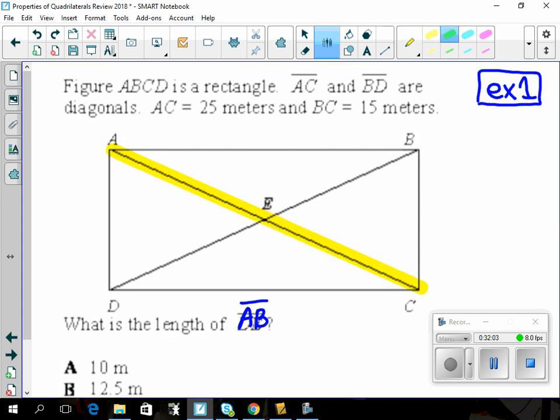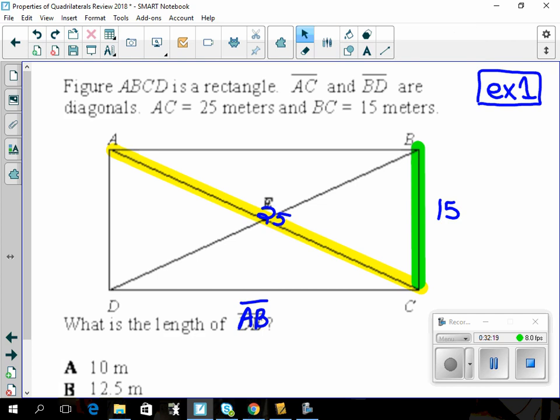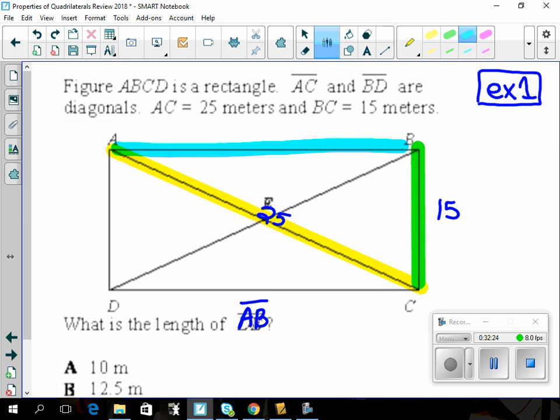I'm going to highlight my BC because it's giving me that information. I know that BC is 15. I know that the yellow line AC is 25. I'm trying to find AB, so I'm going to label that as an X. There's a reason why I highlighted it in my picture, because I wanted it to stand out.